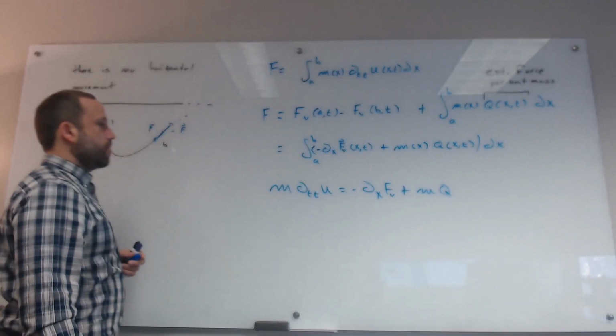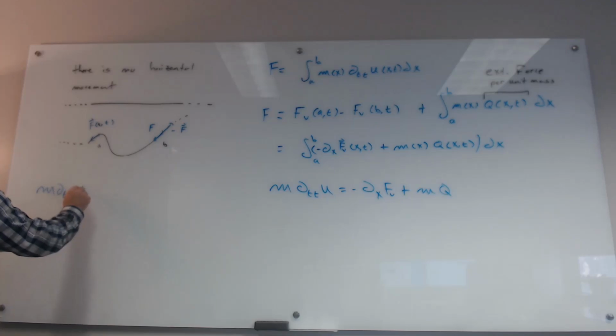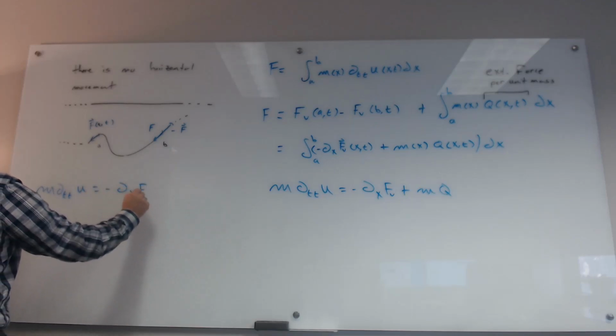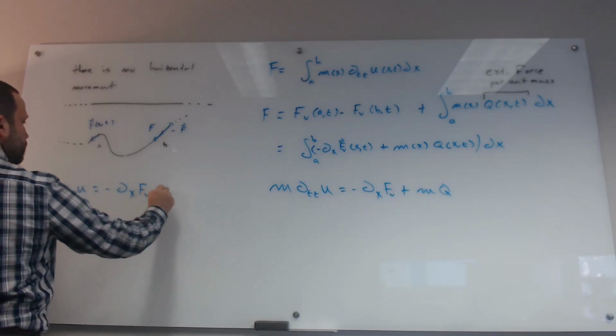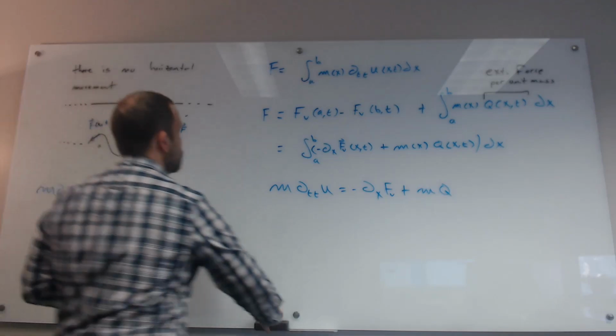I need to figure out how to write that in terms of u. So I've got m times the double t derivative of u is equal to minus the x derivative of F plus m times q.